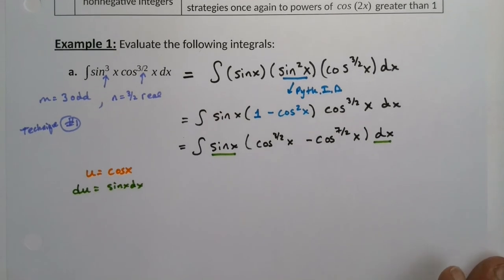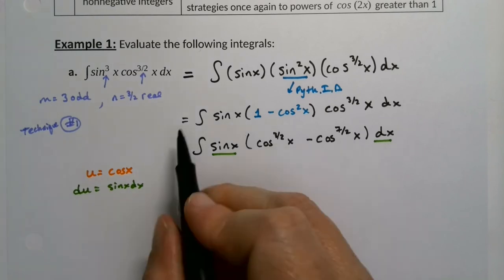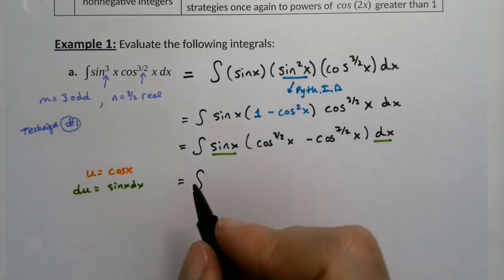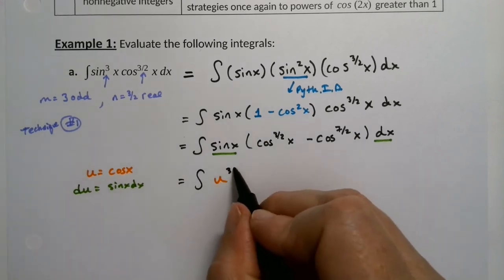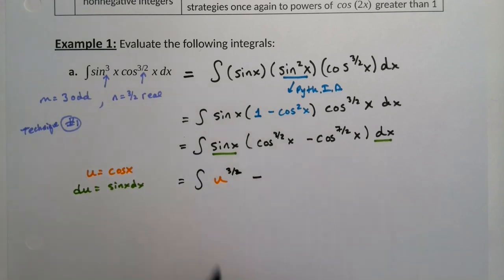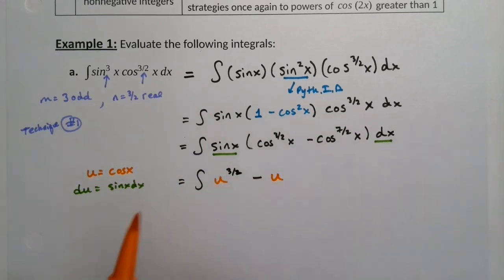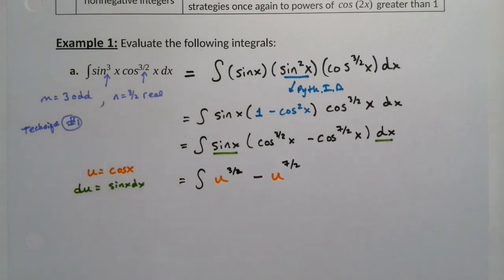Kind of make that work. All right, then what do I have? If I rewrite this, this is the integral of u to the 3/2 minus u to the 7/2, and then I have a du.